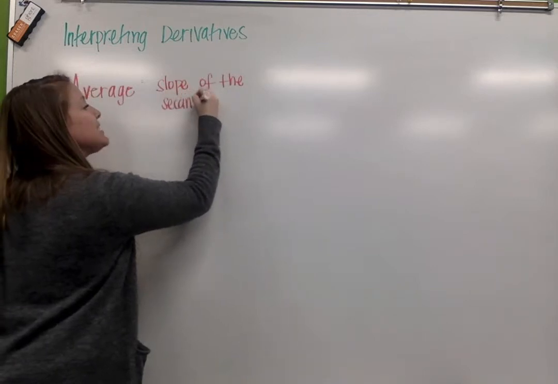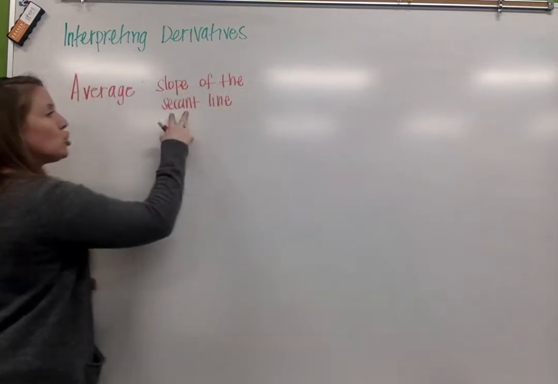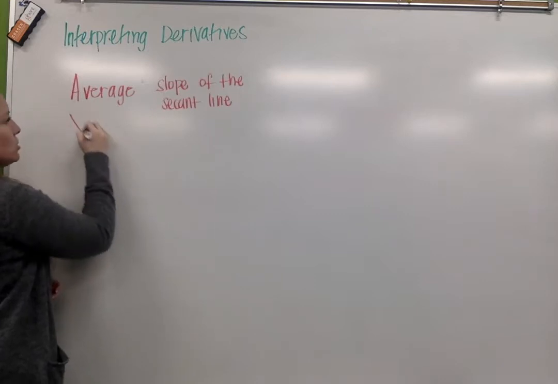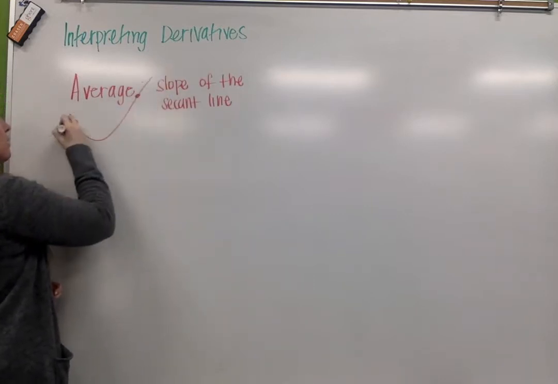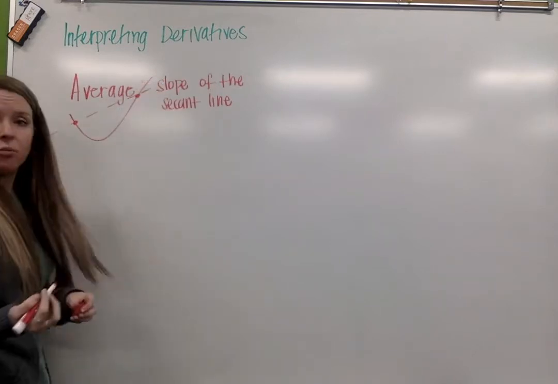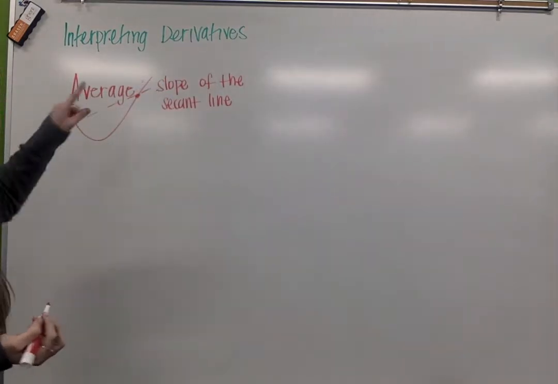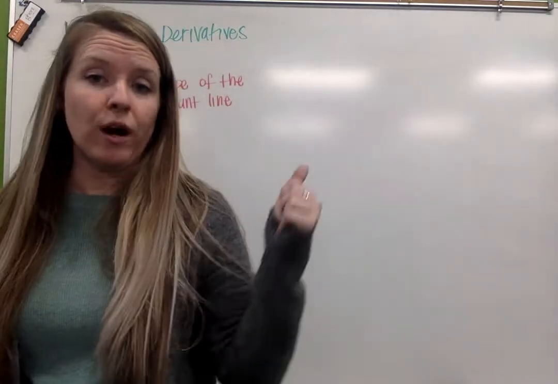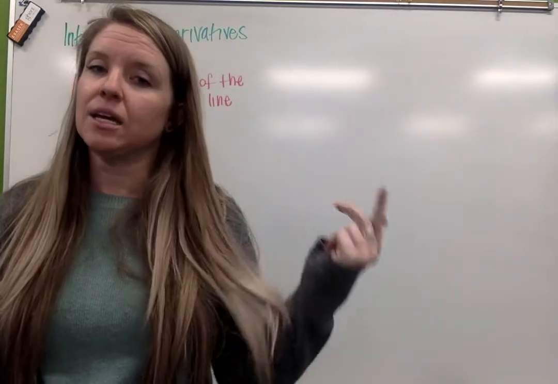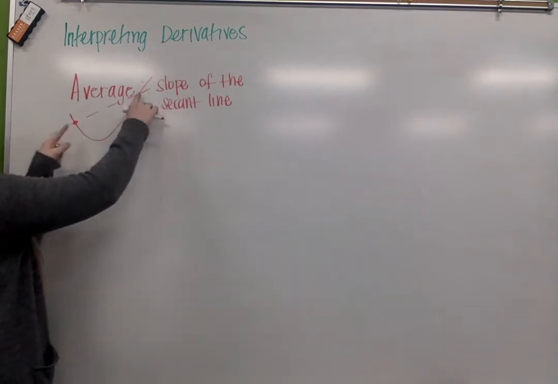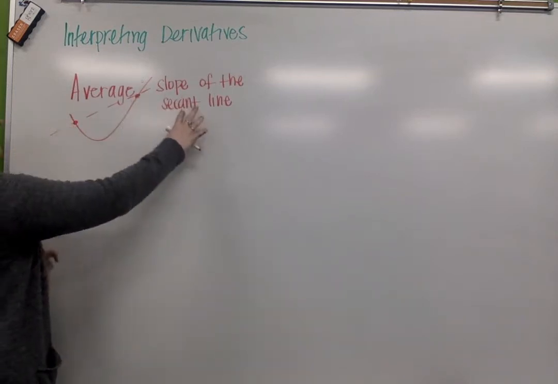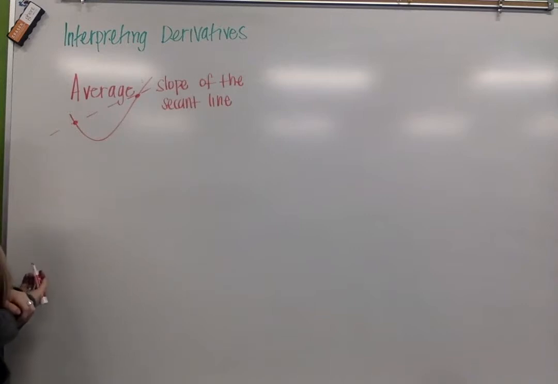If you remember, the secant line has 2 points on the curve. So if our curve looks something like this, I could take this point and this point and just simply find the slope between them. So that's, again, any average that we're looking for. Average value, velocity, average slope. Just find the slope between those 2 points. It's the slope of the secant line.